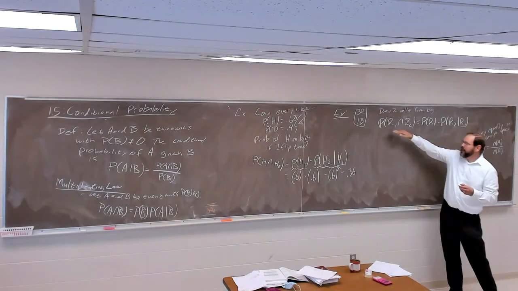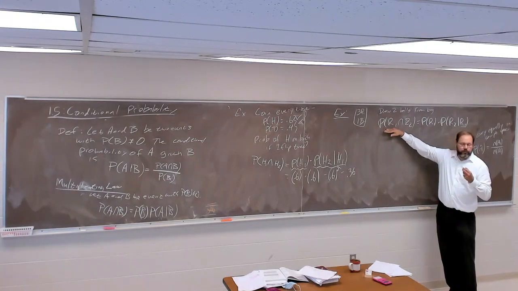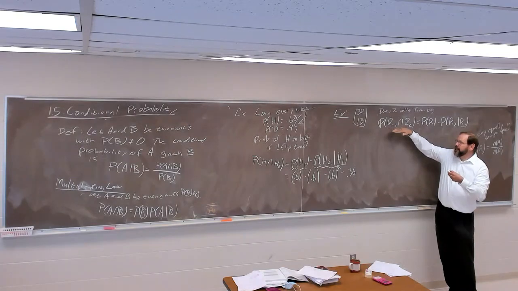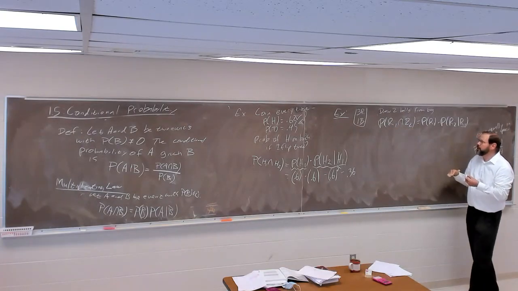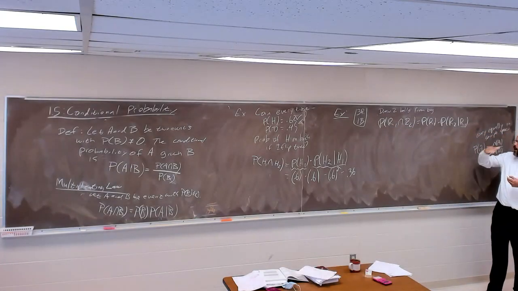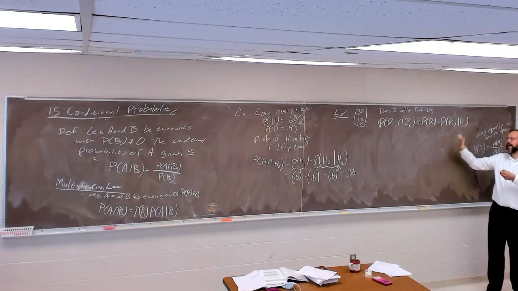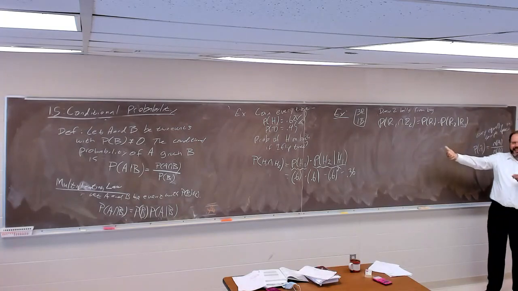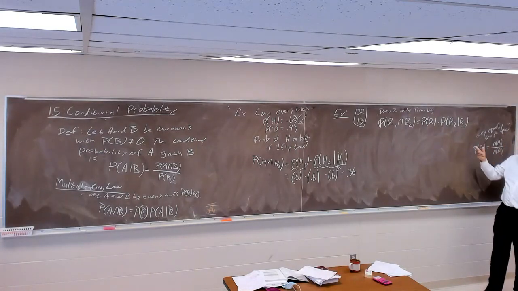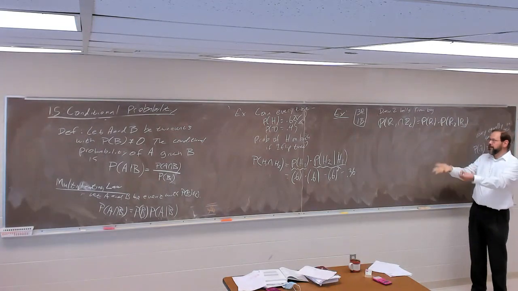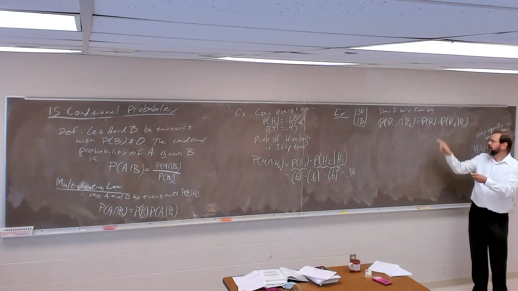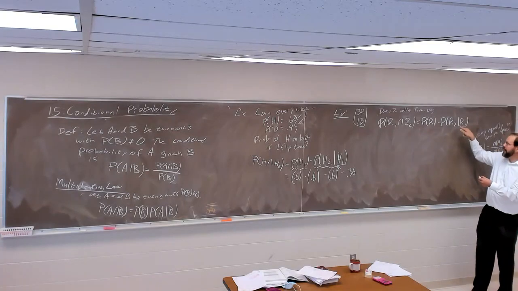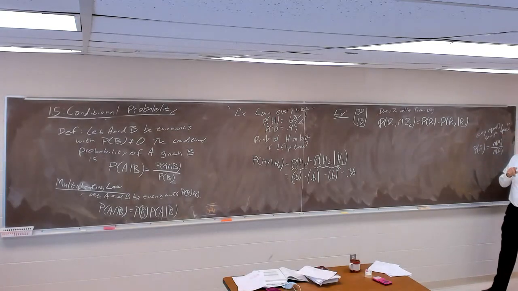If I wrote it the way the book writes the initial formula, then the probability of R1 intersect R2 would be the probability of R2 given R1 times the probability of R1, right? Which really has you starting at the end and working your way forward. Where it really makes sense to say, okay, tell me the probability that the first one was red, and then now that I know the first one was red, tell me the probability that the second one's going to be red.